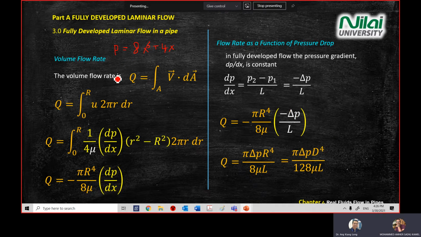So how you calculate the volume flow rate is that you differentiate the P over dx. In this case, we have 8x power 3 plus 4x, so you will get 24x power 2 plus 4. Then you substitute the whole thing inside here.